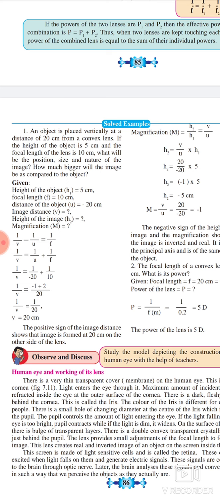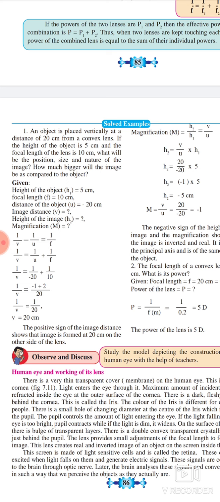So you have to find out m. The main thing is we have to find out m. m is equal to v upon u. How much v did you get? 20. You got u as minus 20. So magnification will have a minus sign. The negative sign of the height of the image and the magnification shows that the image is inverted and real.